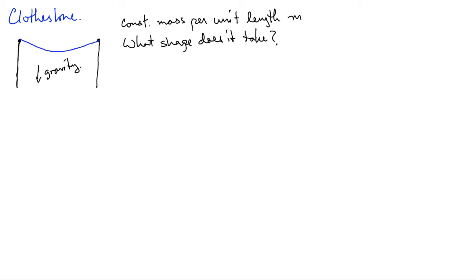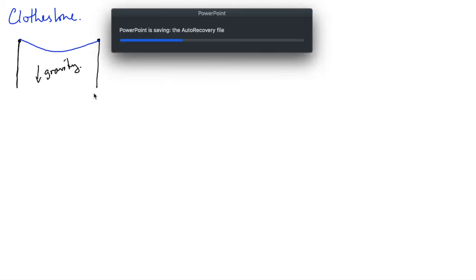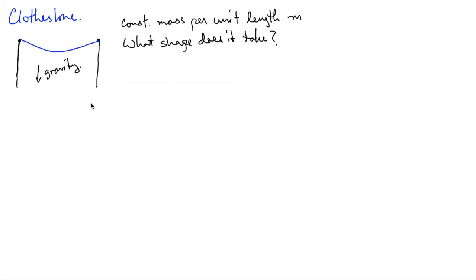So this is a famous solution called a catenary. Just like in the problem set, it's going to attempt to minimize its gravitational potential energy. So the way we're going to find this is by minimizing the gravitational potential energy. Why do we know that that's going to be the answer?